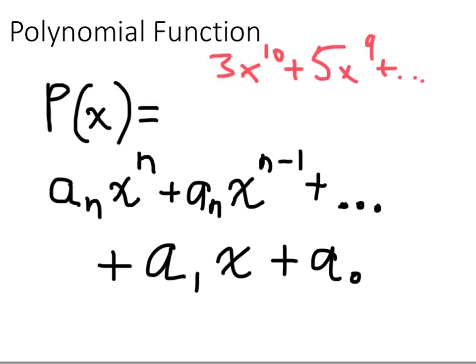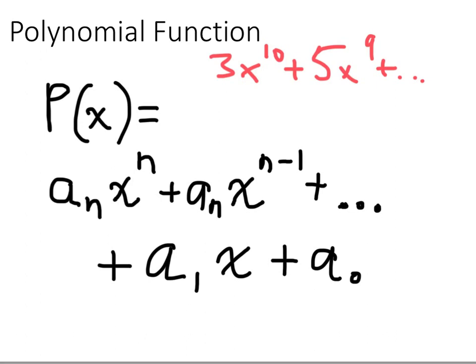All that would mean is it could look like some number, say 3, x to the 10th, plus another number, say 5, x to the 9th, plus and so on, x to the 8th, x to the 7th, all the way down until you get to a linear term, and then a constant term without a variable. So don't freak out. All this is the standard form. And how polynomial functions are usually written is with the exponents in descending order. So starting with the term with the highest exponent and then going all the way down to the constant term.